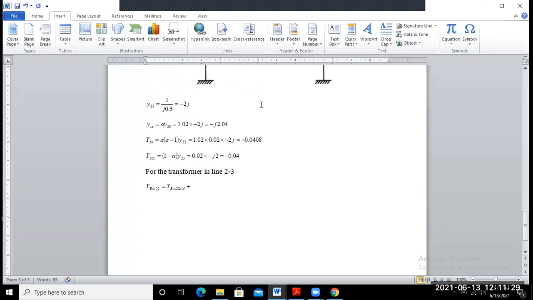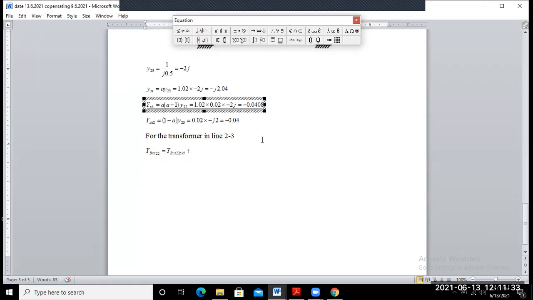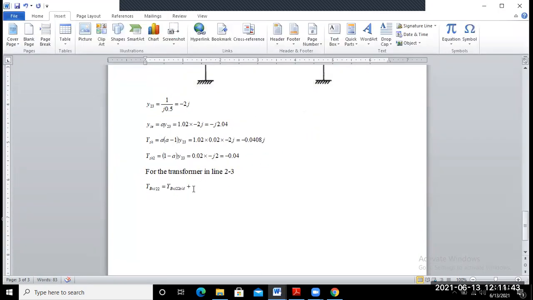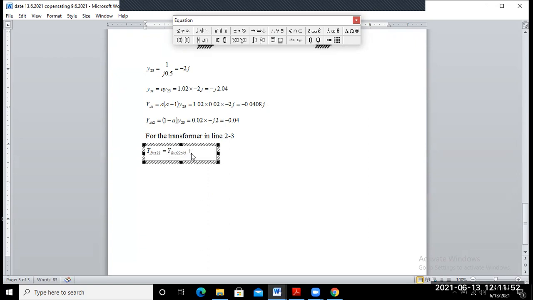So this one is your j. Plus, it will be minus j 2.04 plus minus j 0.0408.